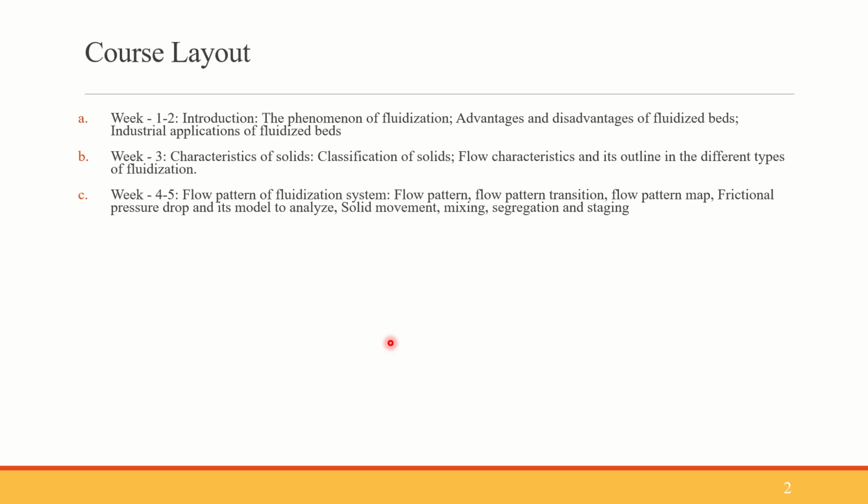At one point there comes a constant pressure drop inside the bed. After that point, however much we increase the velocity, the pressure drop remains constant, and that particular point is known as minimum fluidization or incipient fluidization. At that point, the particles do not move but they remain in the loosely packed state.